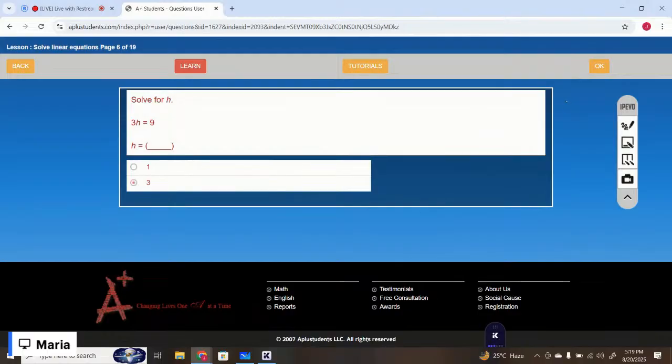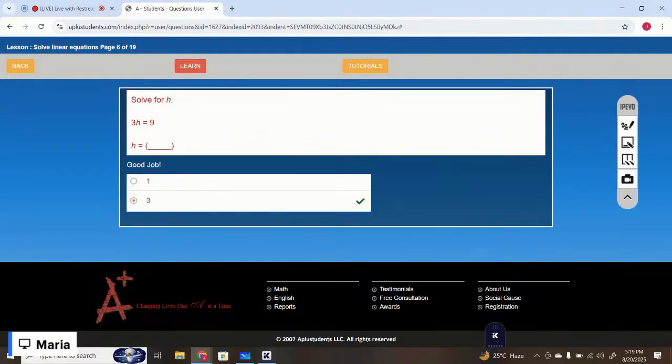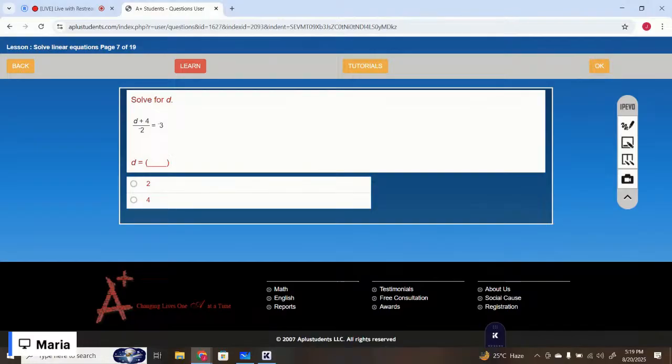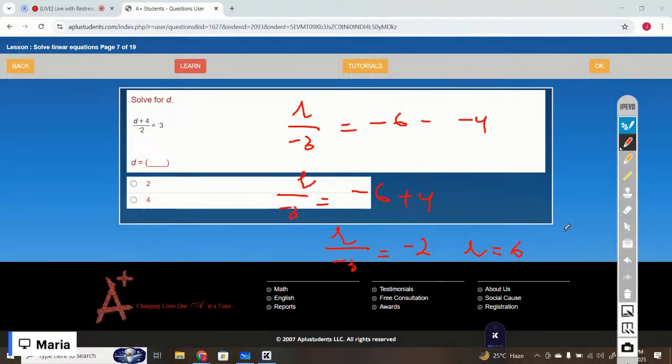So h equals 3. Option number 2 is the correct option. d plus 4 divided by negative 2 equals negative 3.